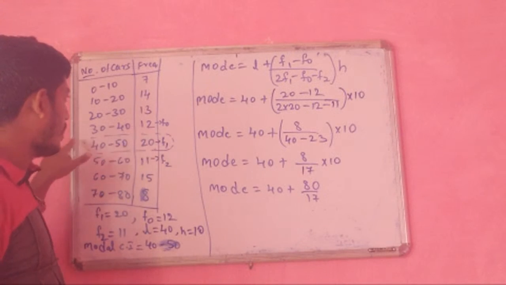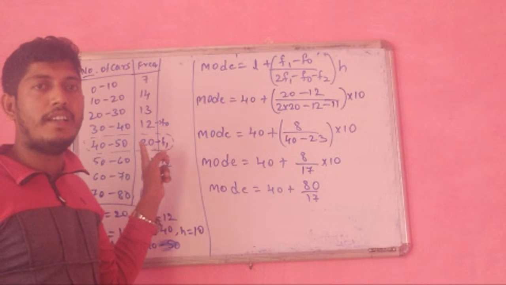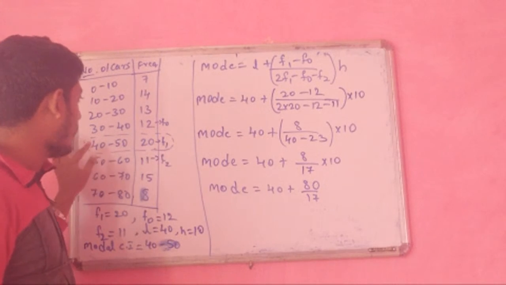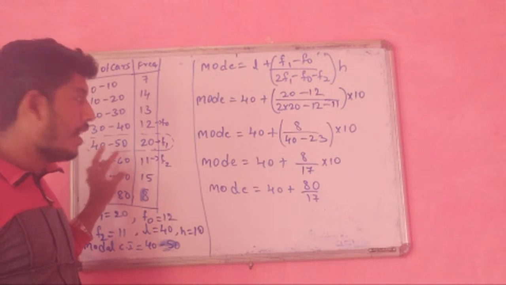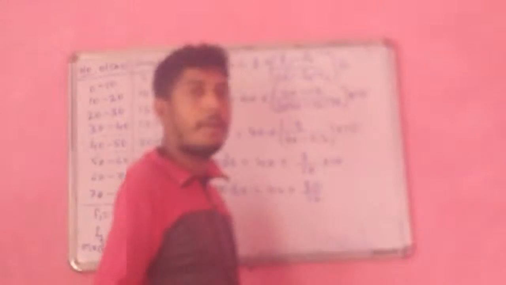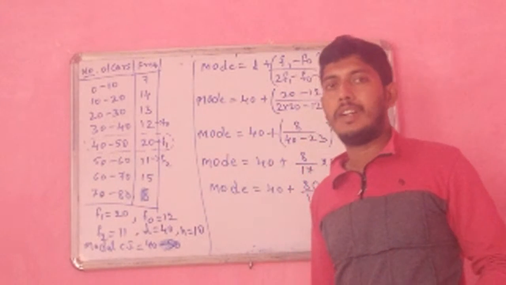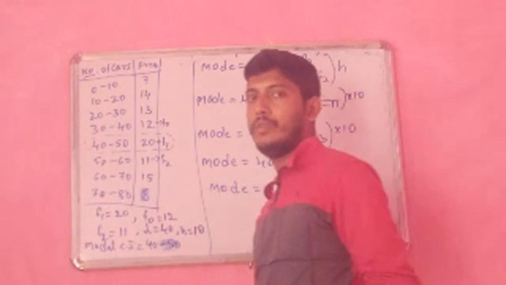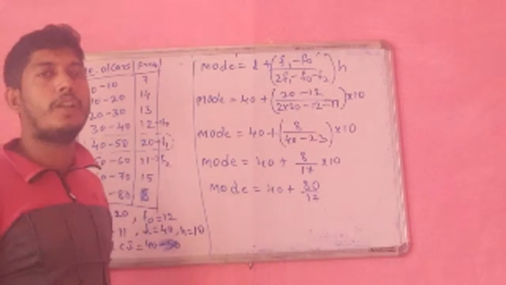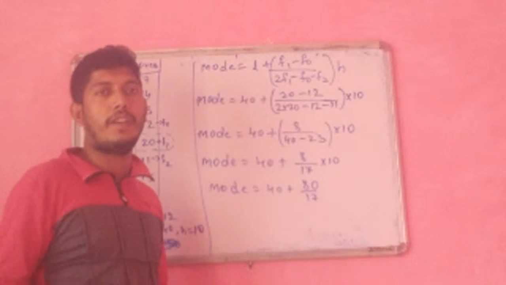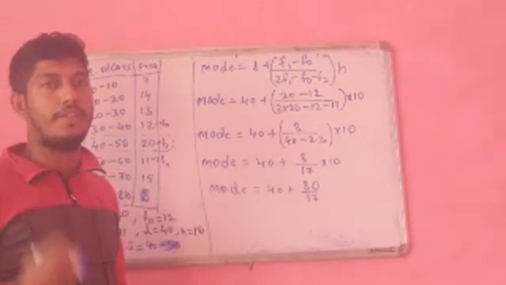The class interval which contains the maximum frequency is the modal class interval, its lower limit is L, and the width is the upper limit minus the lower limit. Then the formula is mode equals L plus (f1 minus f0) divided by (2f1 minus f0 minus f2), into h.